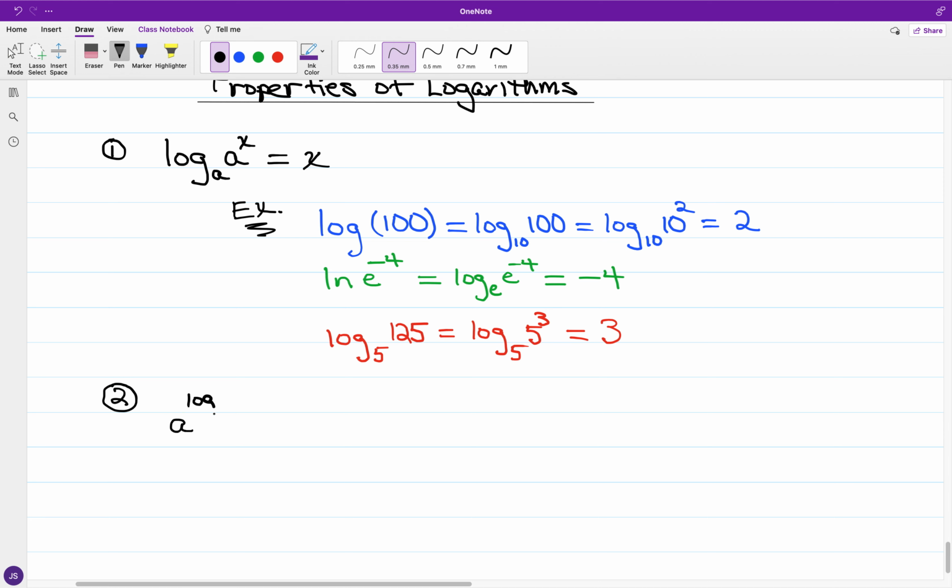Rewriting: I have a base a logarithm of a to the x equal to x. But if I have the exponential base a, and the power is the base a logarithm of x, that is also going to reduce to x.